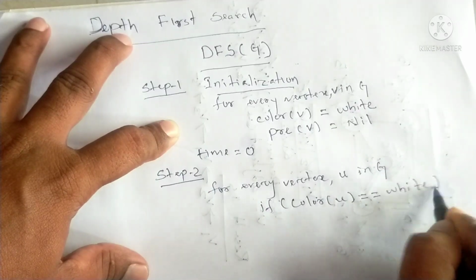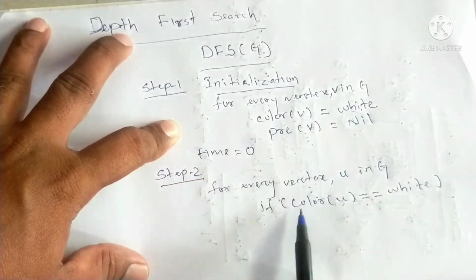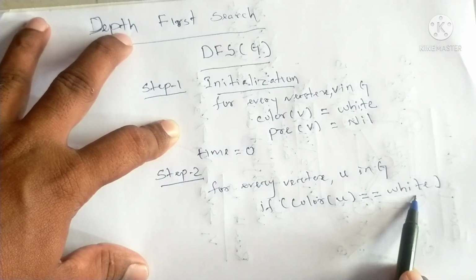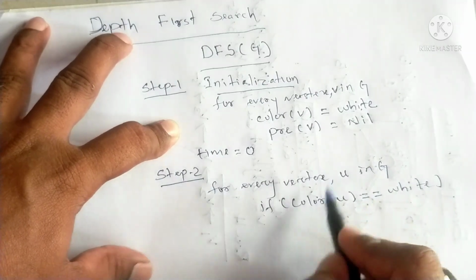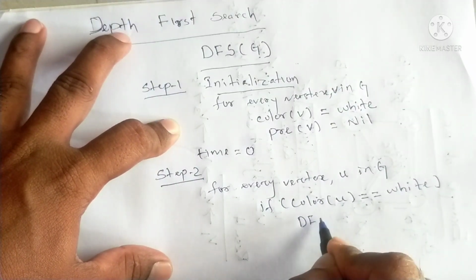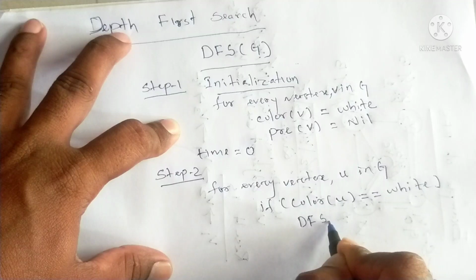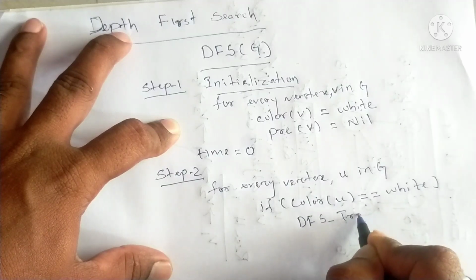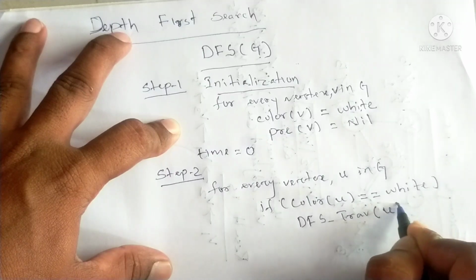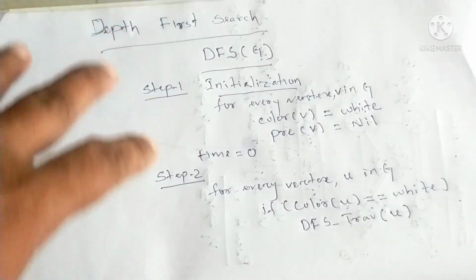If you think about it, initially every vertex is white, so the first time you visit the vertex, definitely the condition will be true. If your condition is true, immediately you go for the DFS traversal over the vertex with the white color.